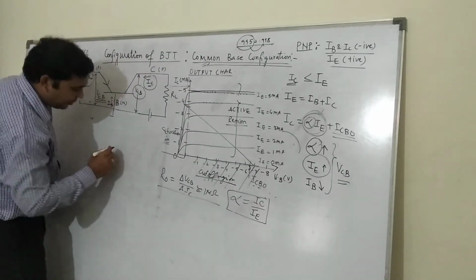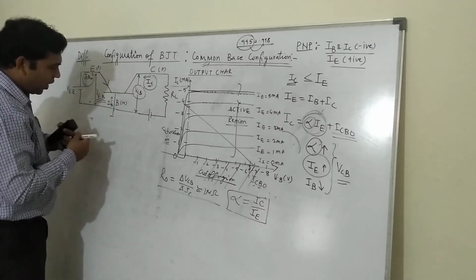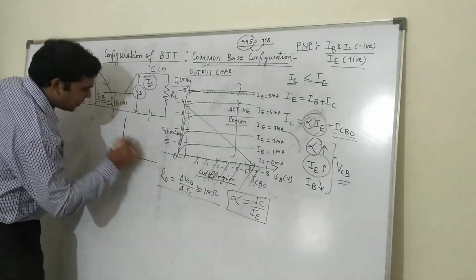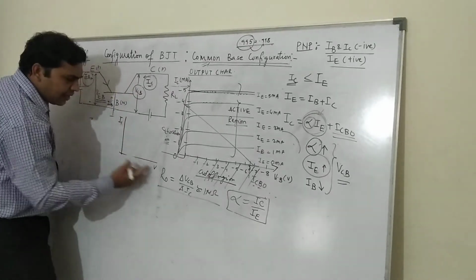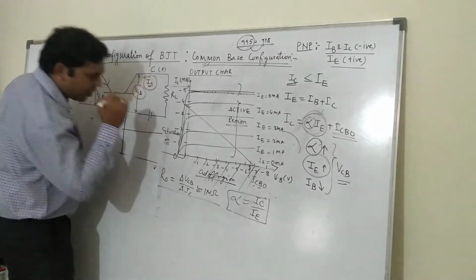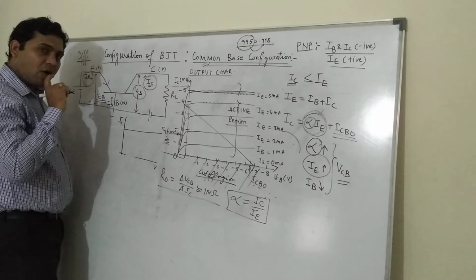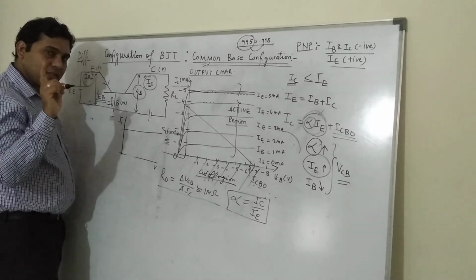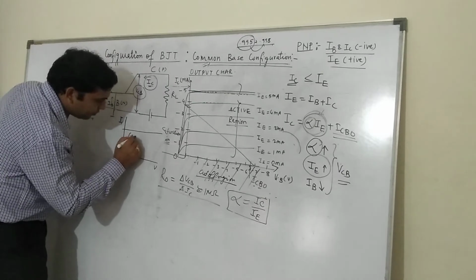You have a current and you have a voltage. Irrespective of the voltage, you are getting the same current. This property is of, have you guessed? Yes, this property is of a current source.